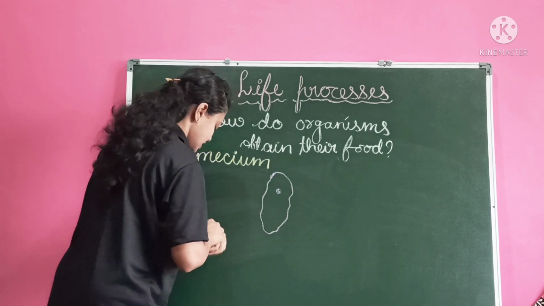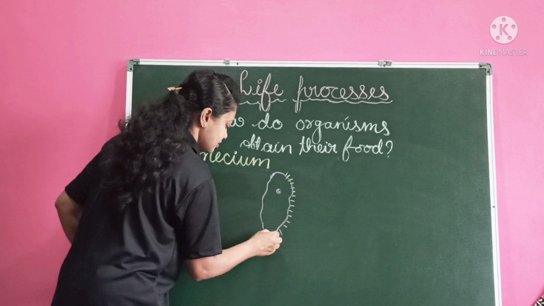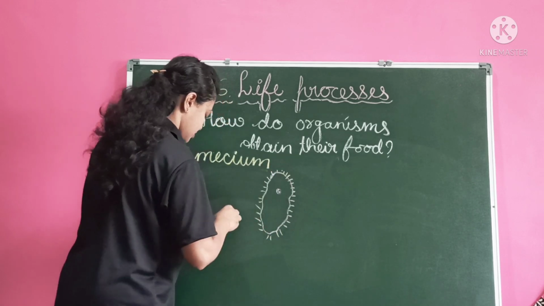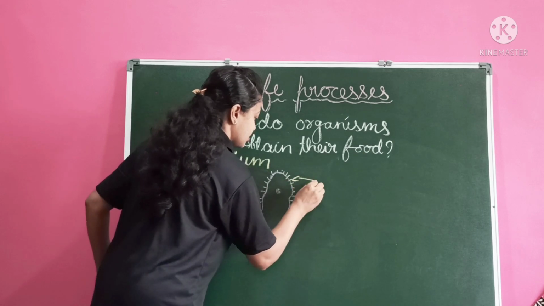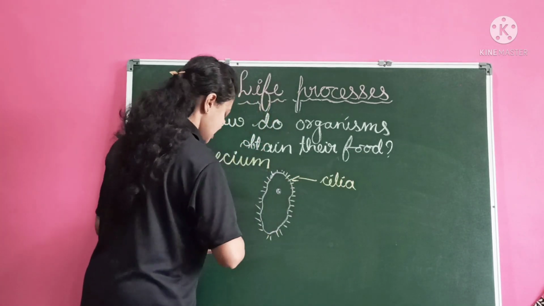I am just drawing roughly. These are the cilia which are present outside the body.